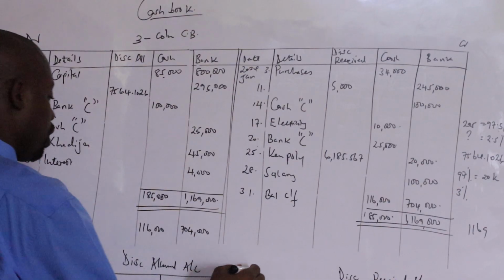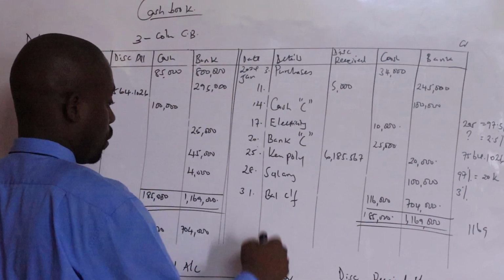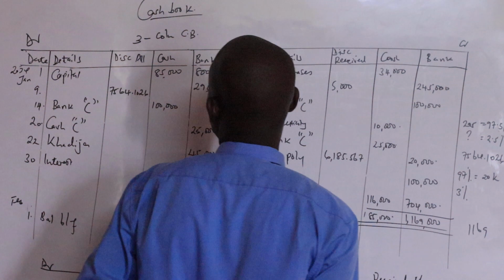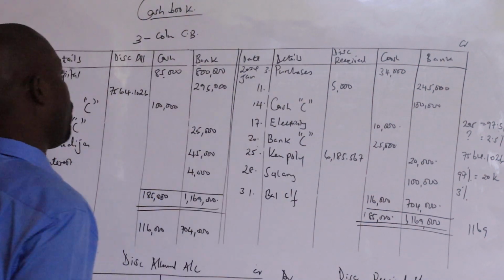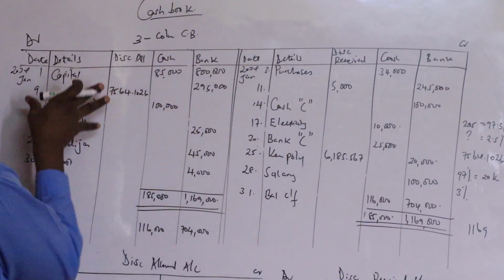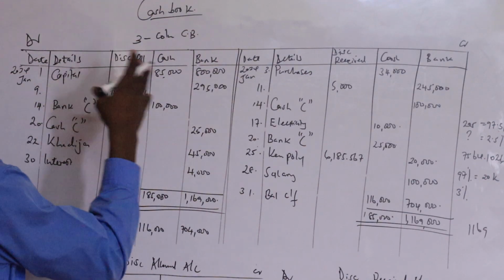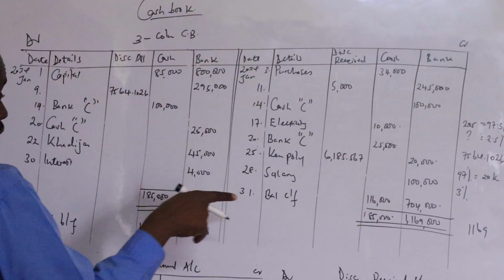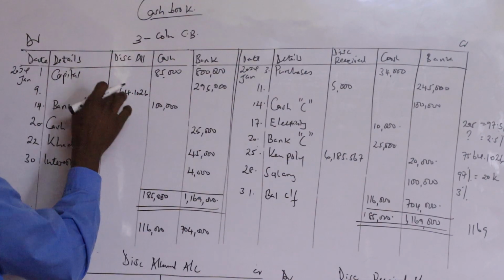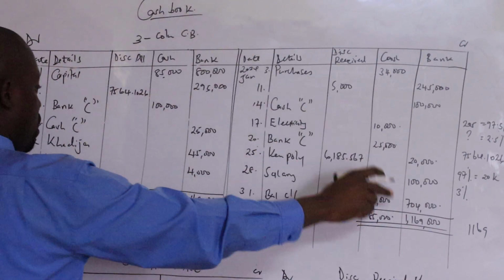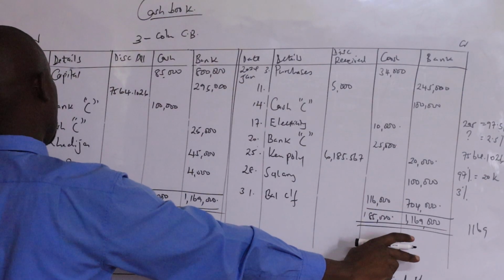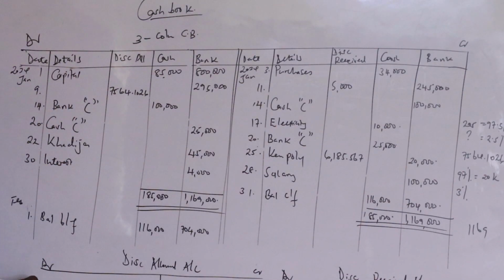So I want to remove the discounts from the cash book. The first one is discount allowed. That amount is on the debit side of the cash book. I want to shift it from here to the discount allowed account. So to remove this from this account, I will credit the cash book, and then I will debit the discount allowed.